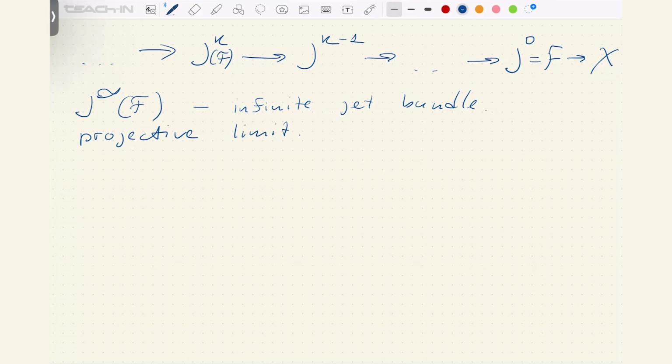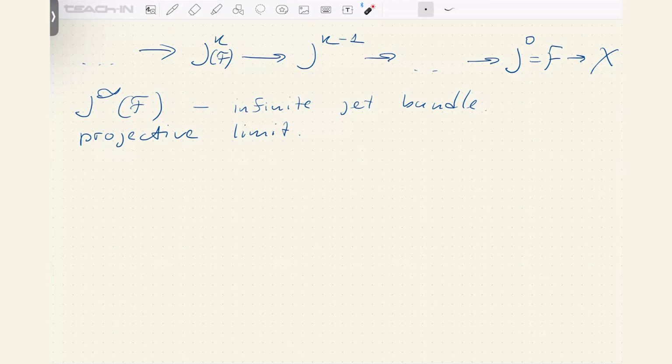It means that looking at this picture, you are saying that a point of this projective limit is just a collection of points of jets of all orders, such that this collection is compatible with projection.